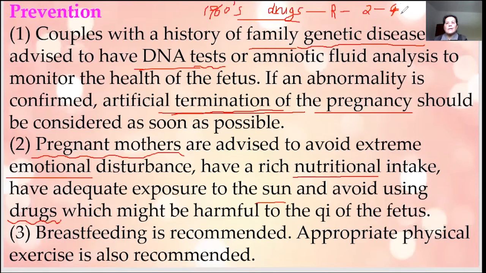In severe cases, they can't take food. When they eat, they vomit; when they drink water, they vomit. For some pregnant women it is a severe disorder, and for others not that severe.